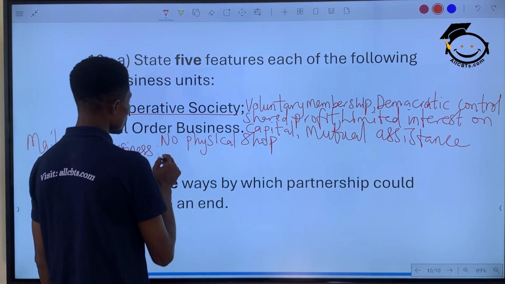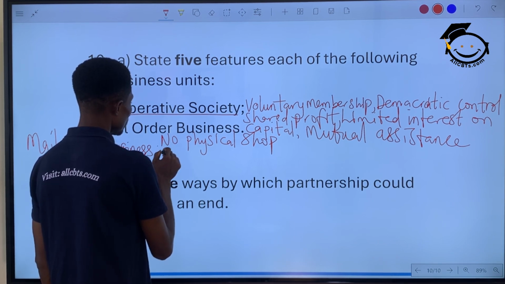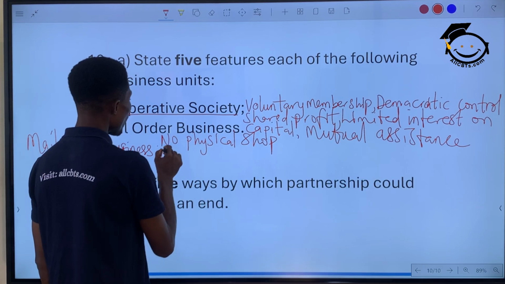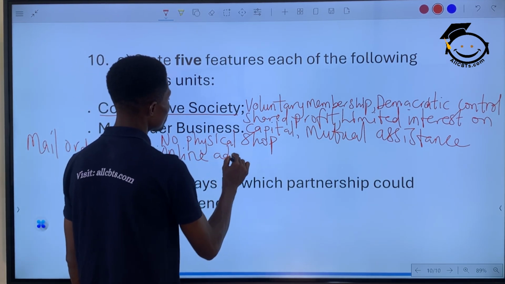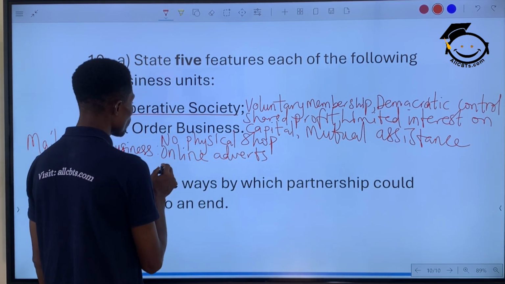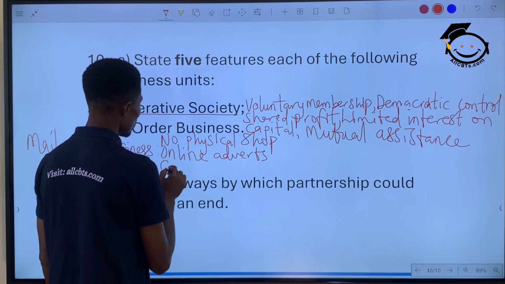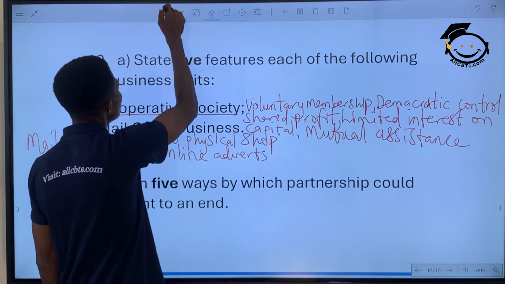Another feature is what we call online adverts. Adverts are done online. Another thing we have is called use of catalogs. They use catalogs.